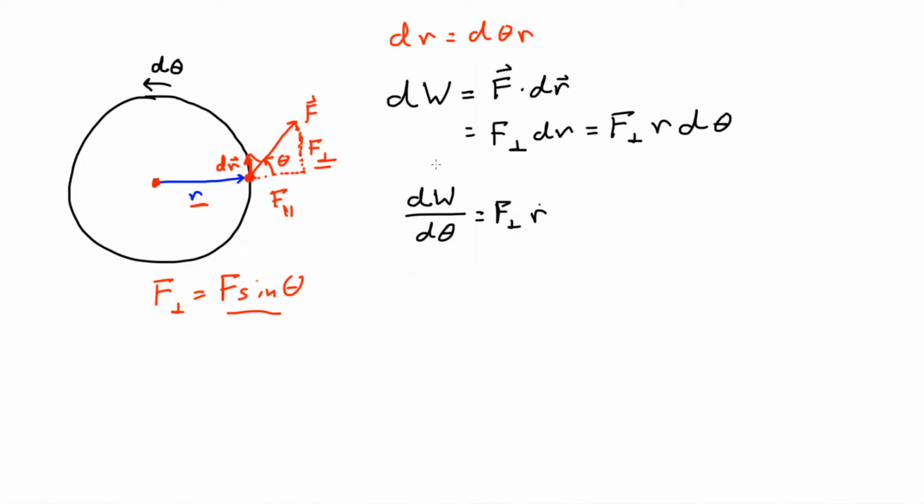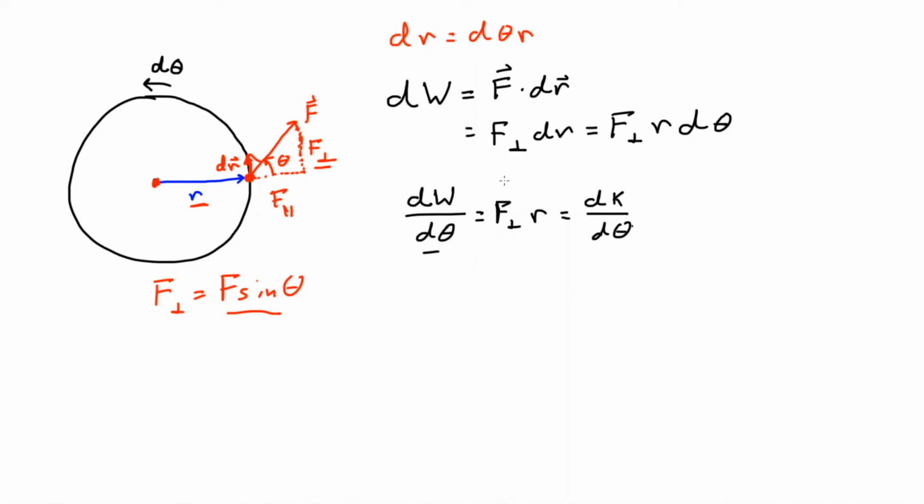Well, the work-energy theorem tells us that this work that we do on this wheel increases the kinetic energy. The amount of work we do is equal to the change in kinetic energy. So dW/d theta just equals the change in kinetic energy, dK/d theta.